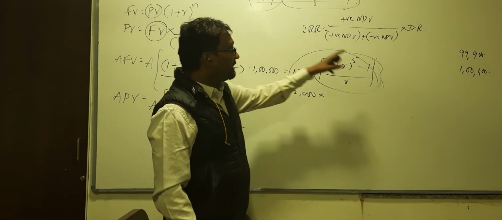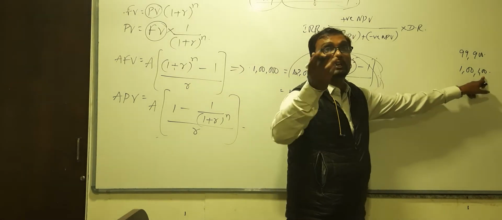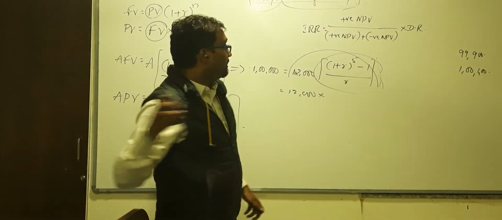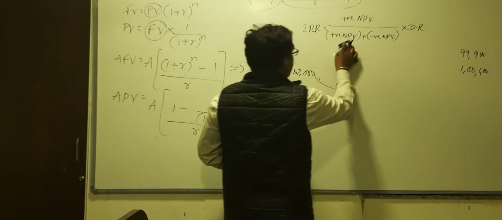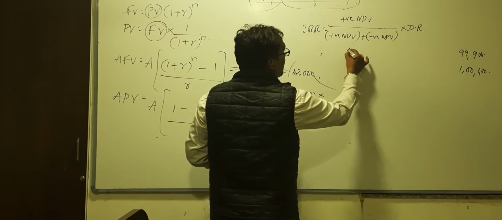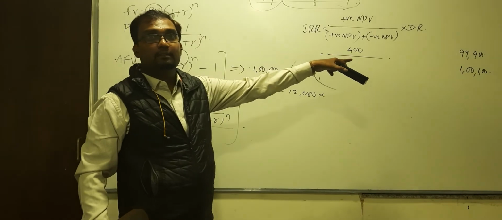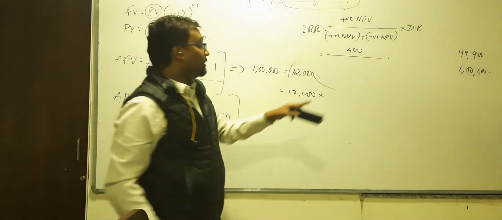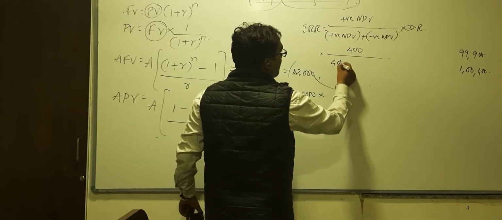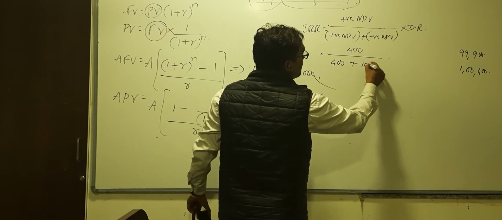Now, positive NPV is 400 over and above 1 lakh, and negative NPV is 100.